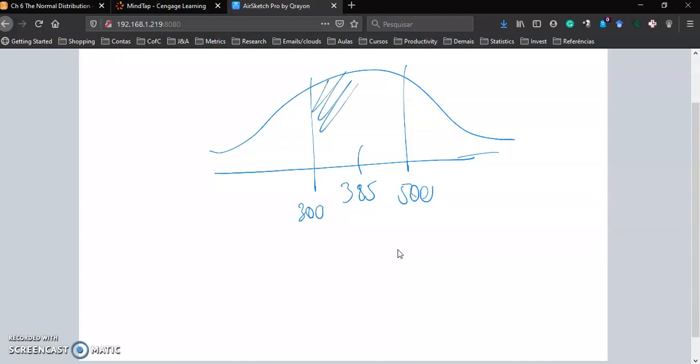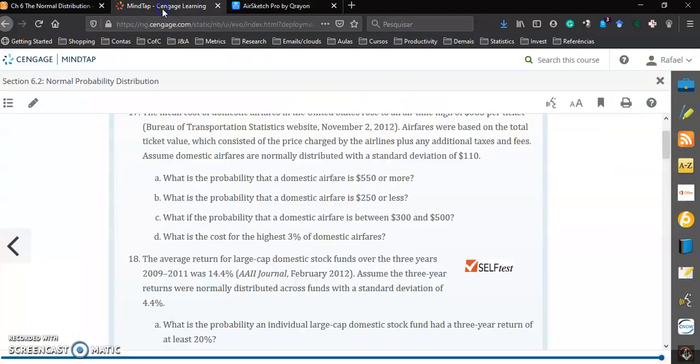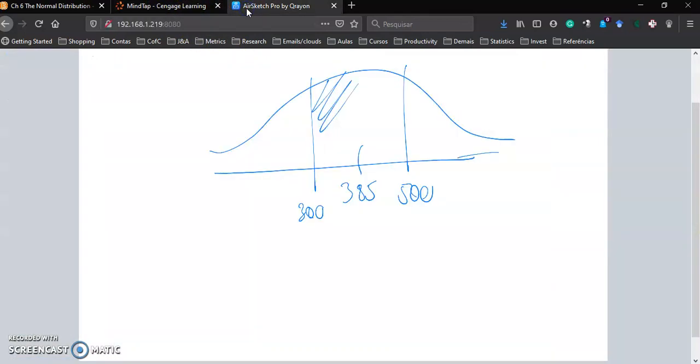So I'm interested in this area in the middle, okay? And this one we can turn into, what's the probability that I have a value that is higher than 300 and smaller than 500.